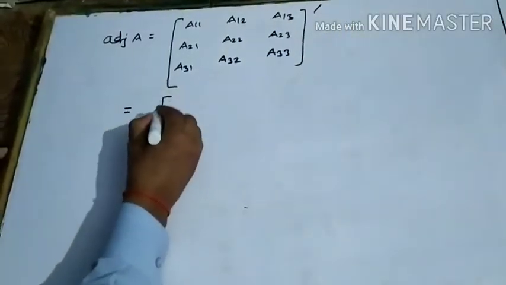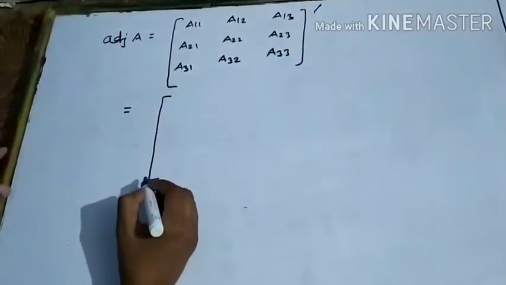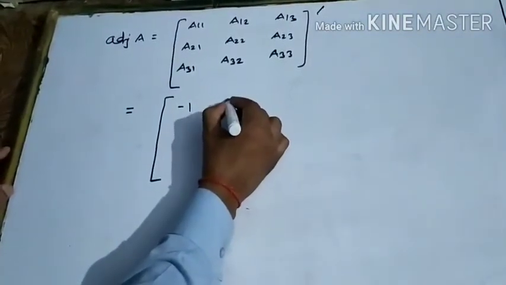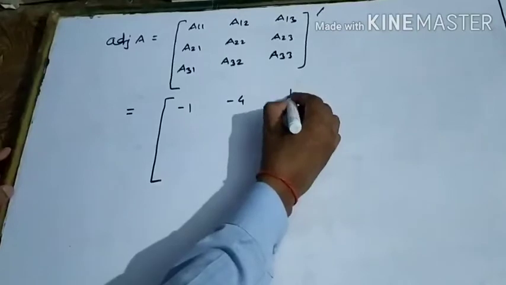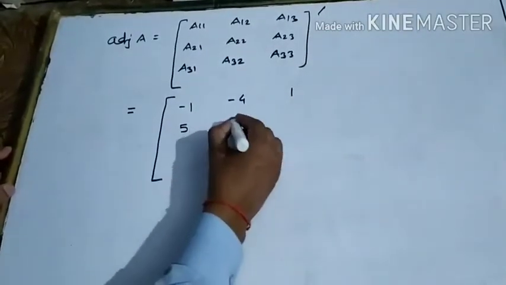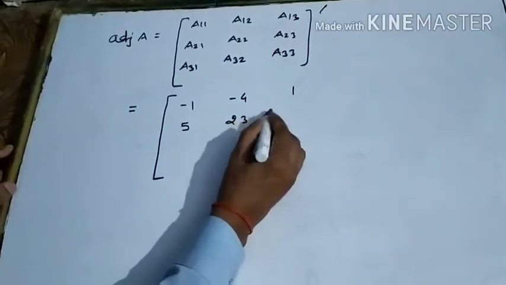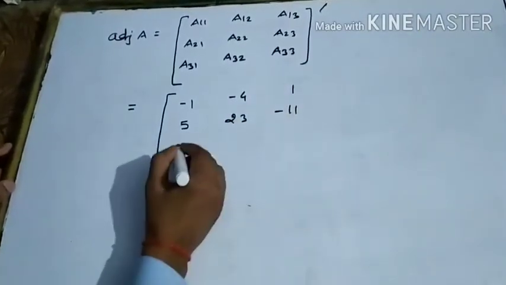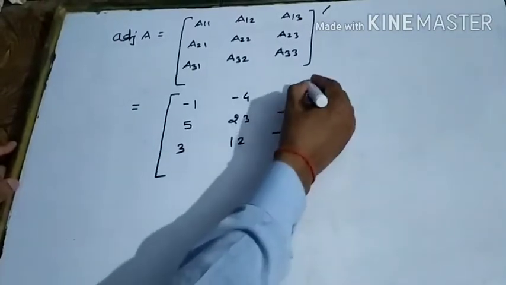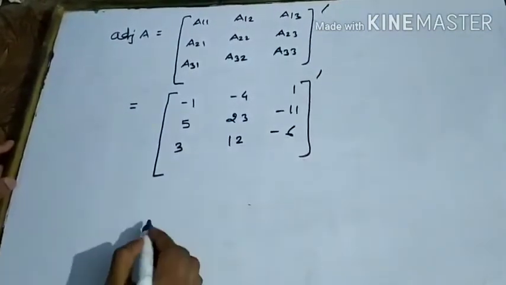This is equal to A11 that we calculated minus 1, then this is the 1 to minus 4, and then this is the 1, and here this is the 5, and then after this is the 23, and here this is the minus 11, and then this is the 3, and here this is the 12, and then this is the minus 6, and then transpose.